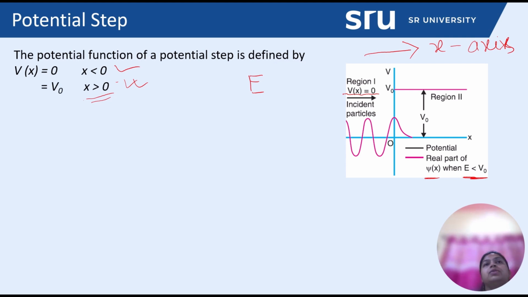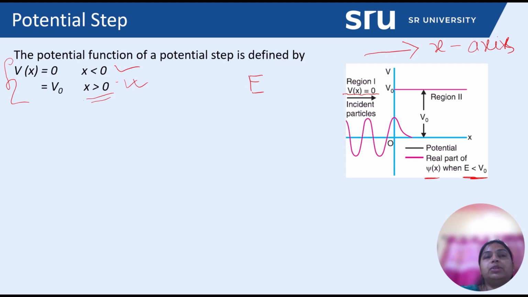So now let us find the eigenfunction solution for this potential step with the time independent Schrodinger equation.